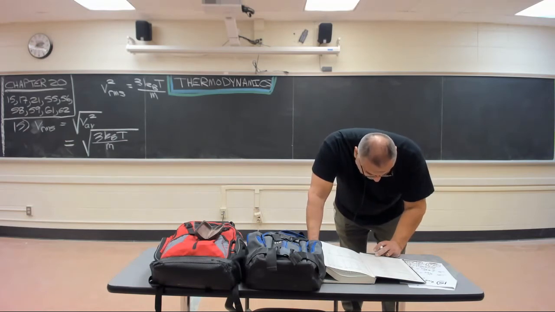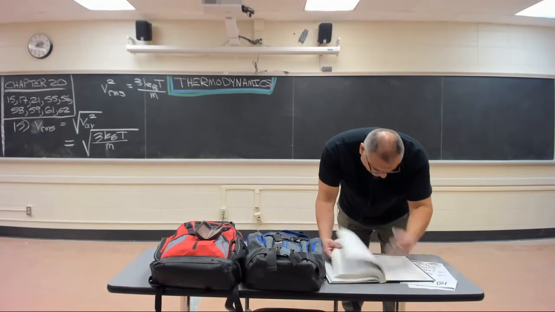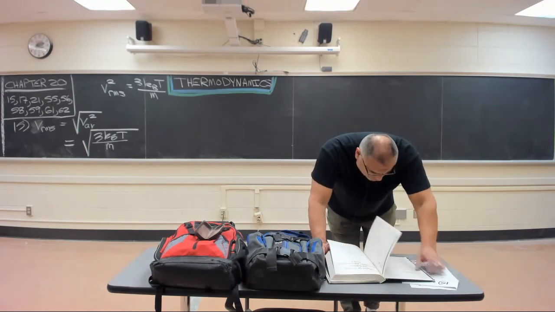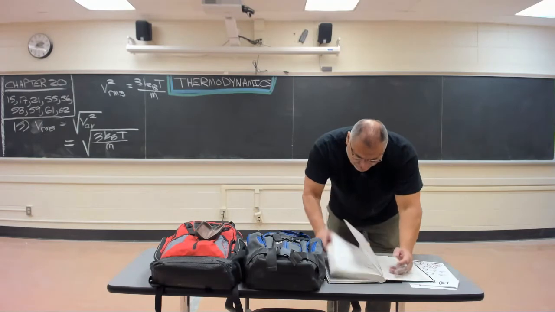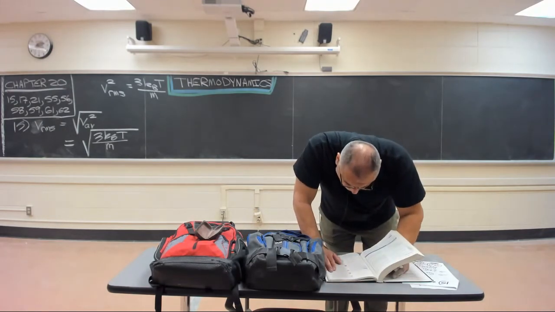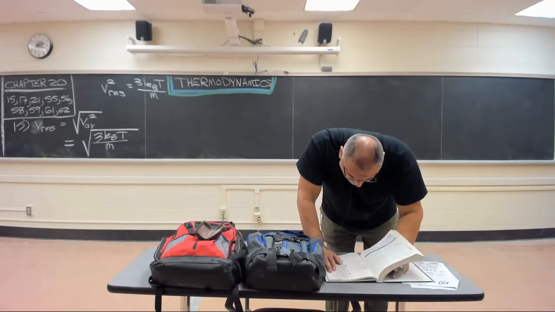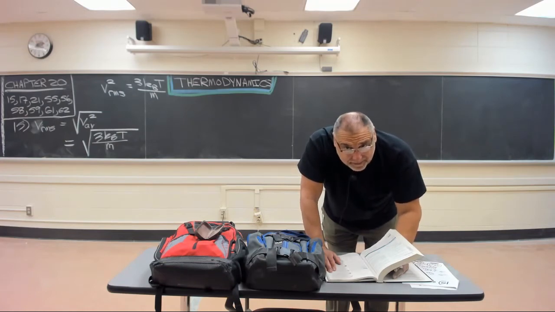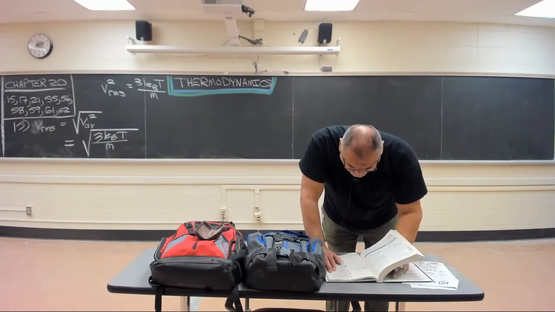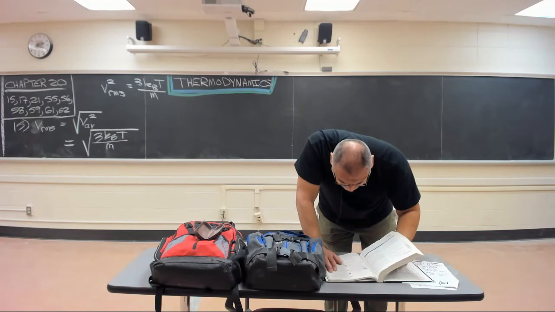If you double 1.67, you get about 3.32, 3.33 times 10 to the negative 27.